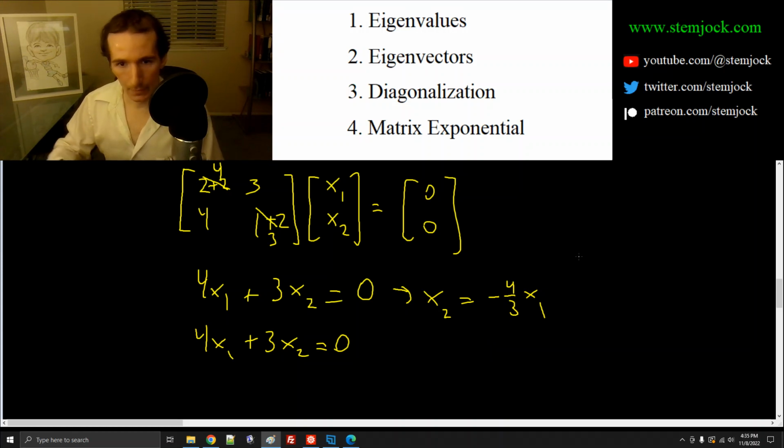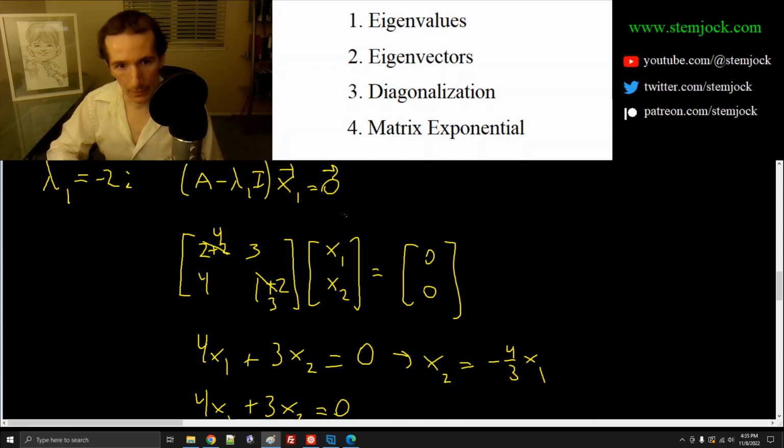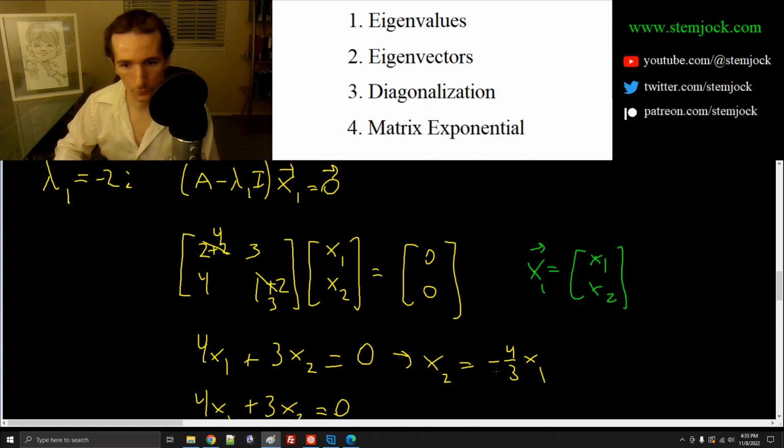So the eigenvector x1 is equal to x1, x2, but we found out that x2 is negative 4/3 x1. So this is x1 and then minus 4/3 x1.